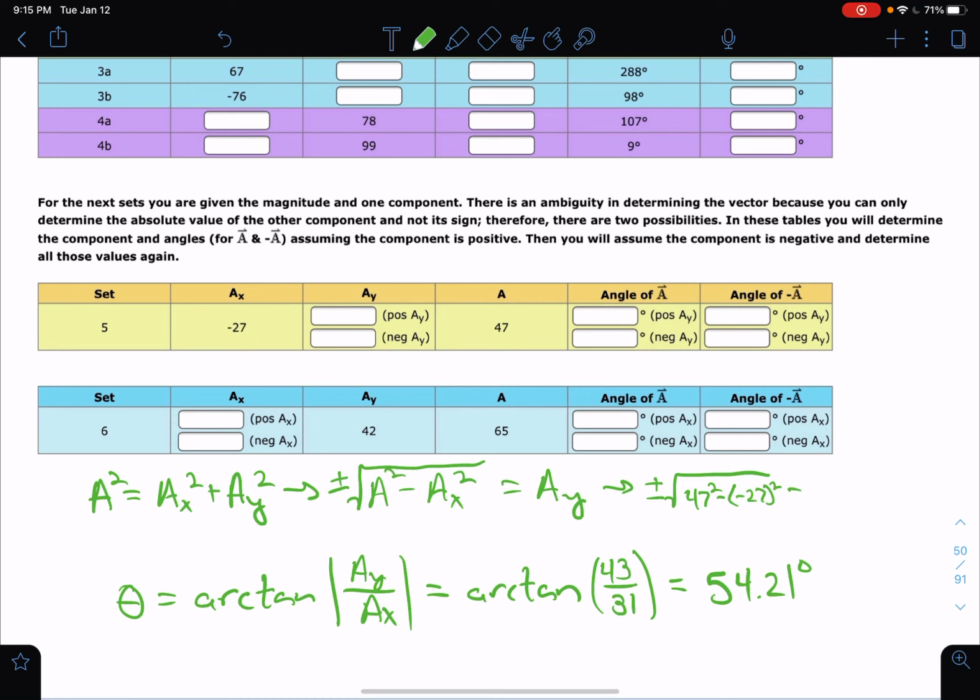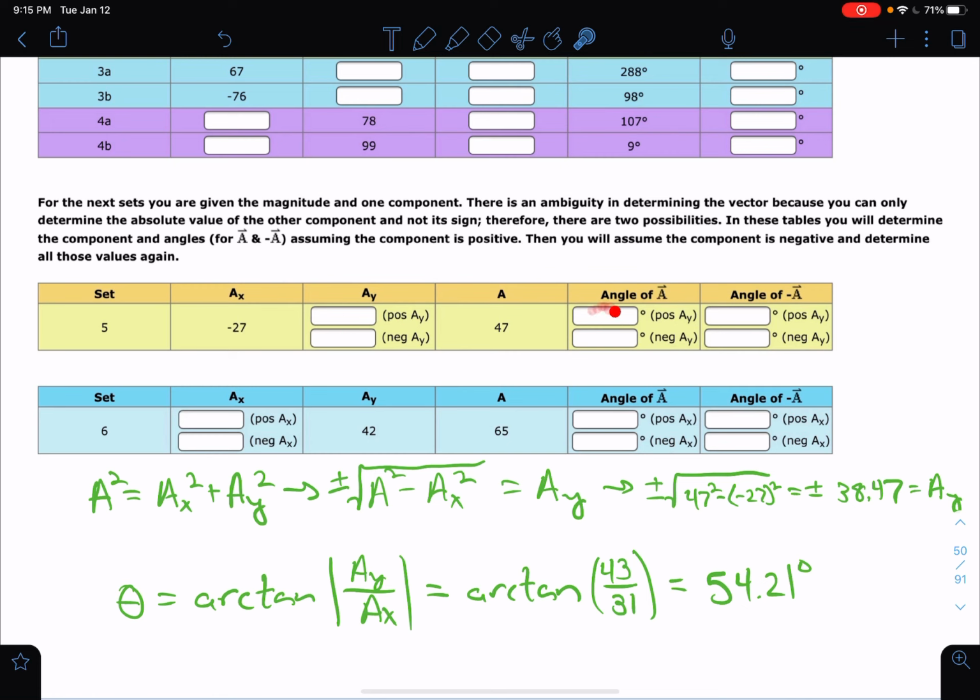And so that's going to be plus or minus 38.47. So these are my y components, plus or minus 38.47. So I would put positive 38.47 up here, negative 38.47 right here.